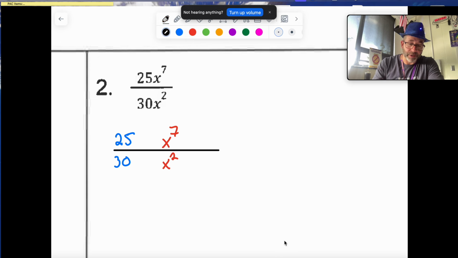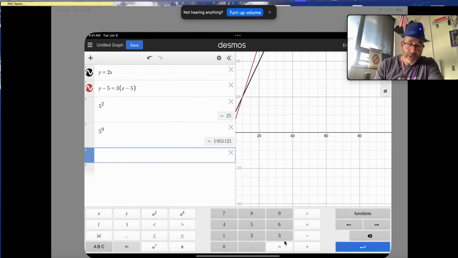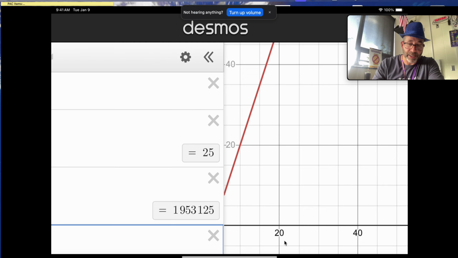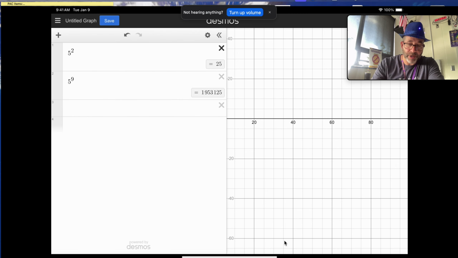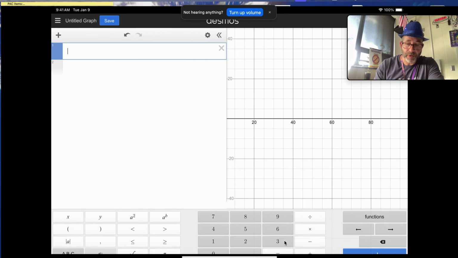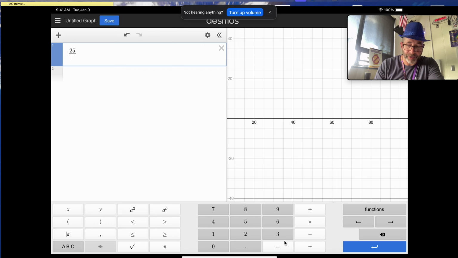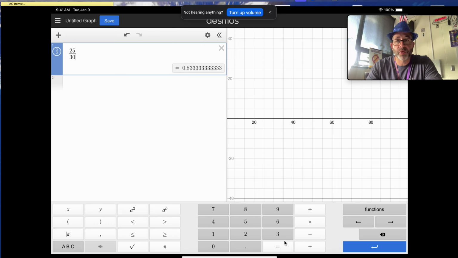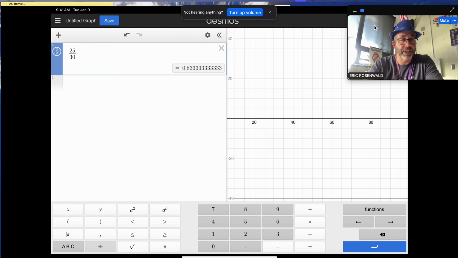On your calculators, if you recall, on your decimals calculator, you could reduce fractions on there. So if I wanted to reduce 25 over 30, I would just go 25 divided by 30. And recall that 25 over 30 gives us a fraction there, but it gives us the decimal.